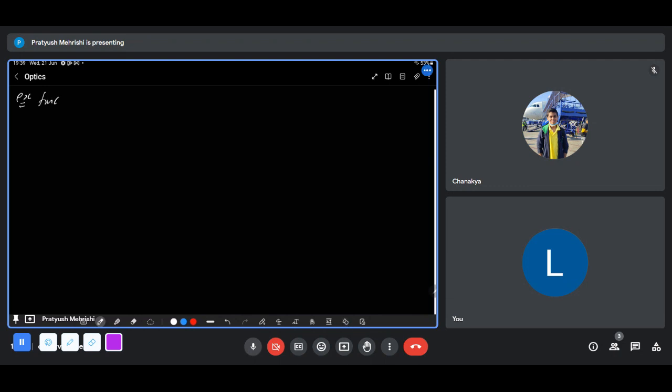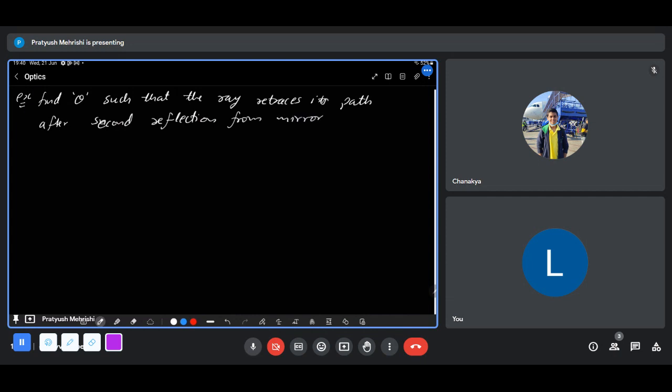Question is: find theta such that the ray retraces its path after second reflection from mirror M2.